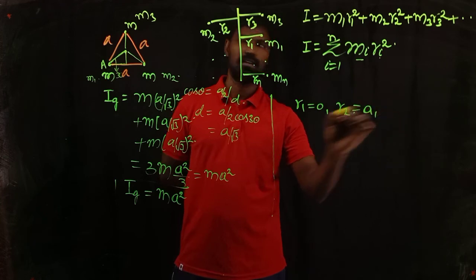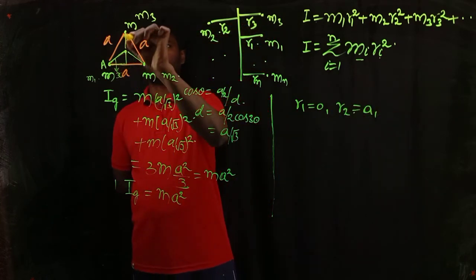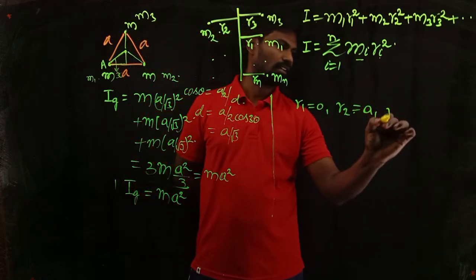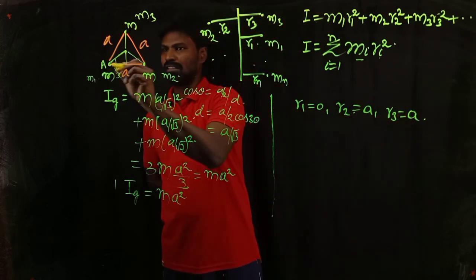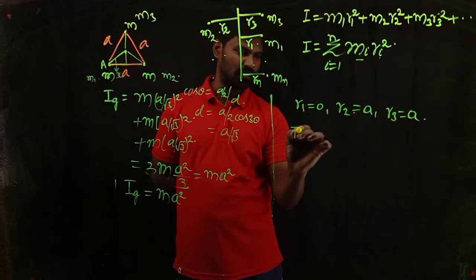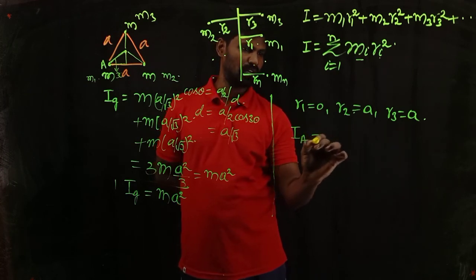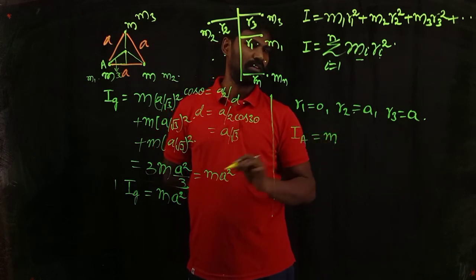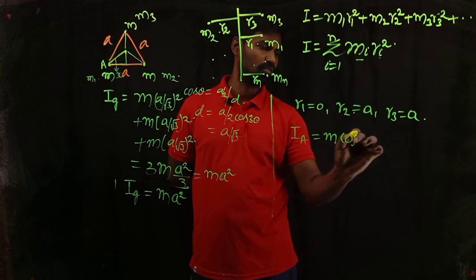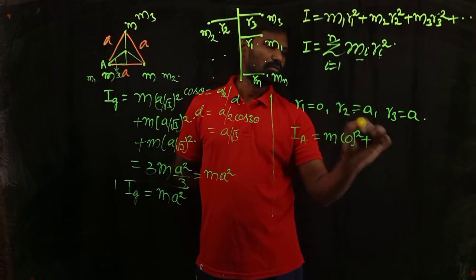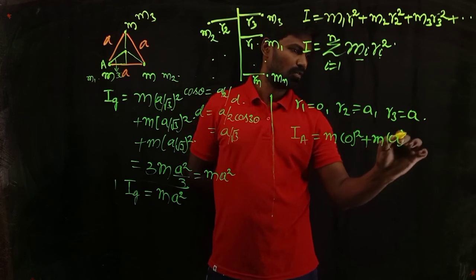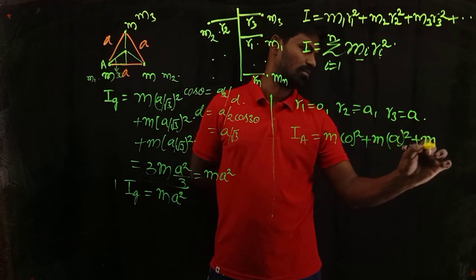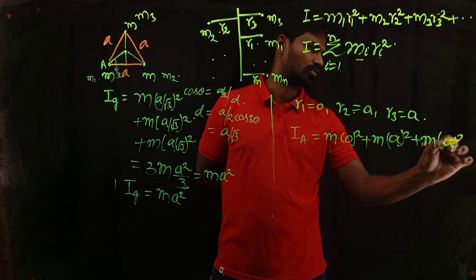R2 is a. Similarly, from this axis of rotation, for m3, r3 is also a. So with respect to this axis A, IA is equal to m into r1, which is 0, whole square, plus m into r2, which is a, whole square, plus m into r3, which is a, whole square.